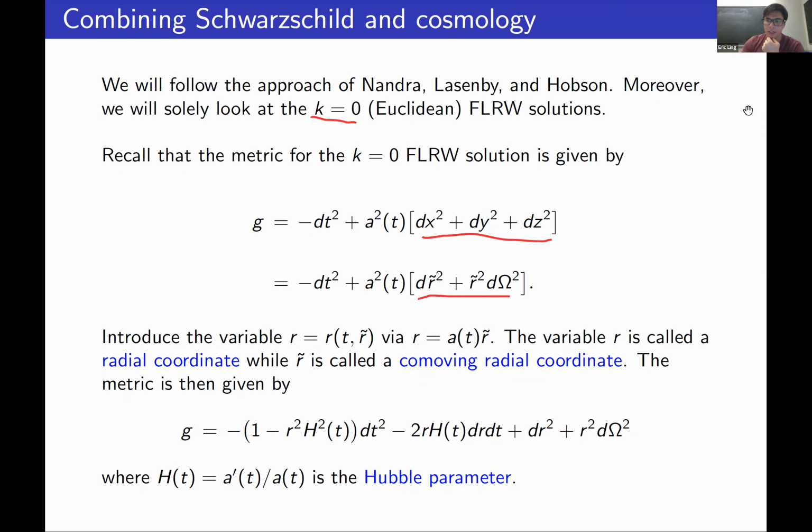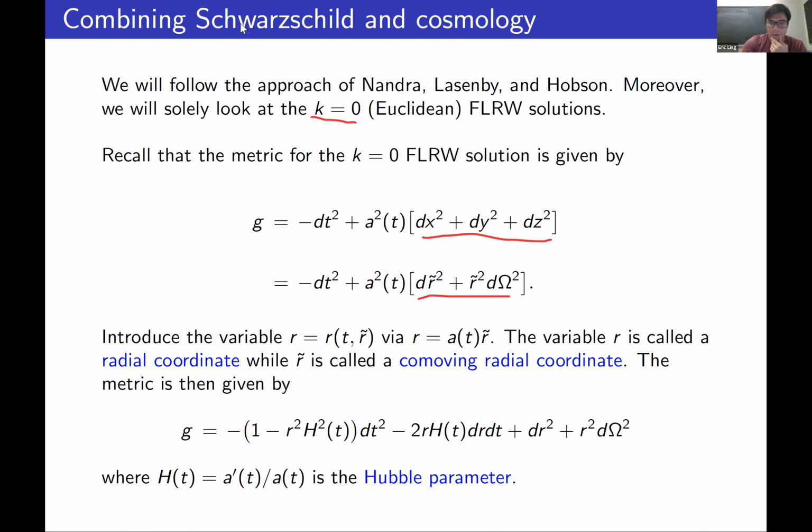And so their idea was to, instead of using this r tilde coordinate, which can be called a co-moving radial coordinate, introduce a new coordinate r, which can do a better job at describing the spherical symmetry that probably occurs in the k = 0 FLRW model, right? I mean, spherical symmetry exists in all FLRW models because O3 is a subgroup of every single one of those isometry groups.